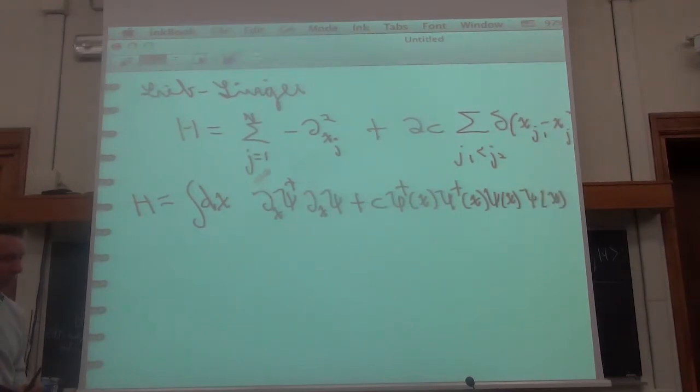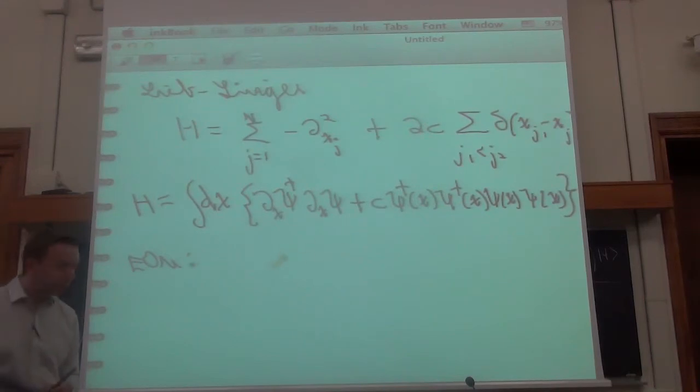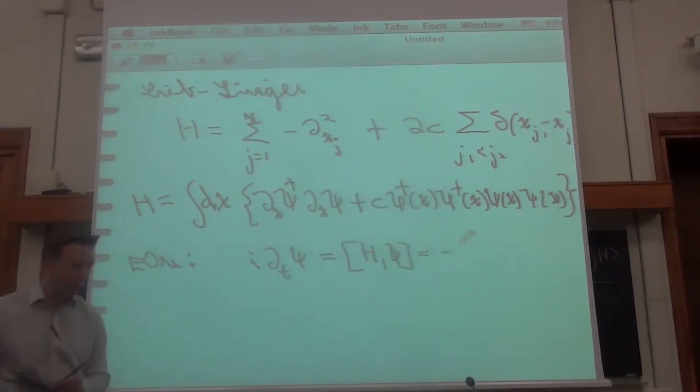Okay, so this theory here, if you write its equation of motion, as is well known, you get i dt psi is equal to just the commutator of this H with the psi. And this is just the well-known nonlinear Schrödinger equation.